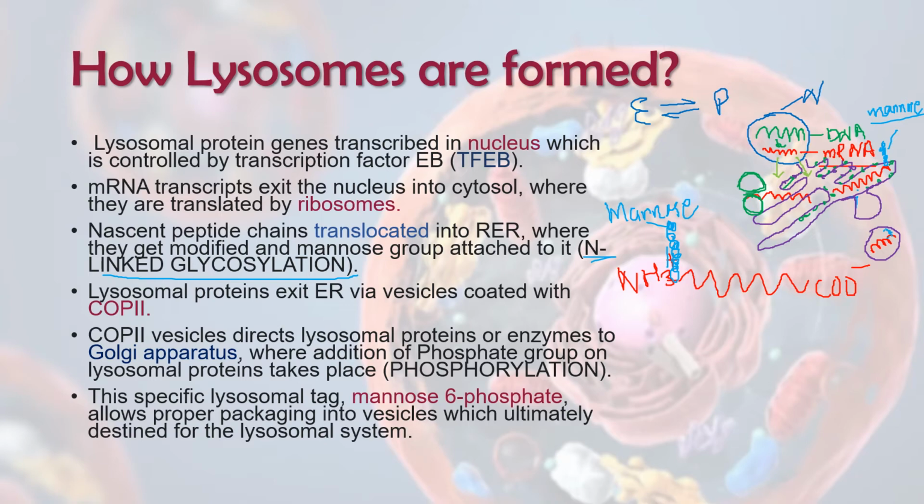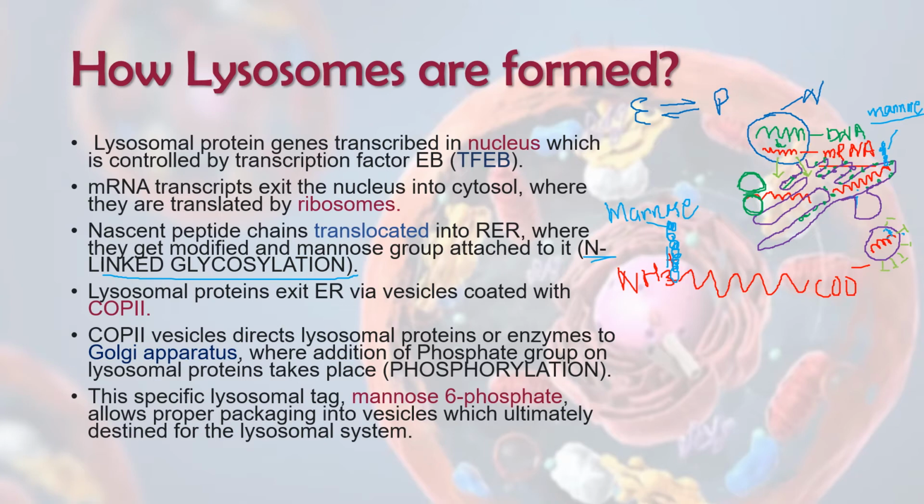This is the vesicle. Now one more important thing: how does this vesicle know that it has to go to the Golgi apparatus? So we have to know one more thing, that this transport vesicle is coated with a special type of protein known as COP2.